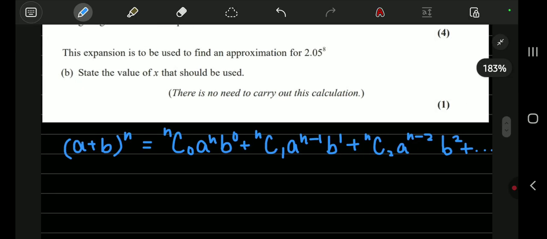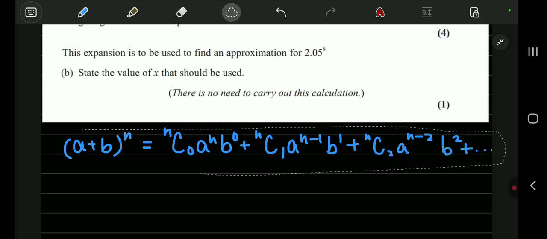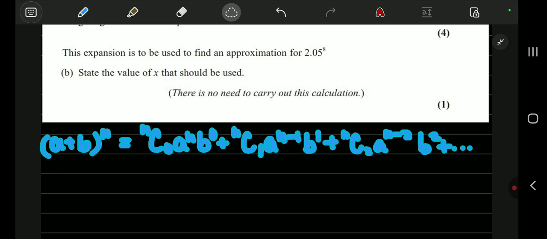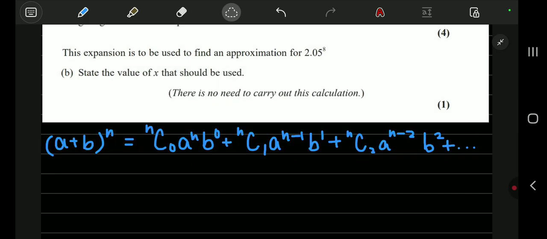The powers of a will continue to decrease and the powers of b will continue to increase by 1 in each term. Secondly, your nc0 and then nc1 and then nc2 and so on. So this is your formula for the binomial expansion.